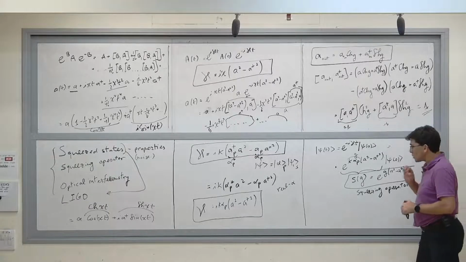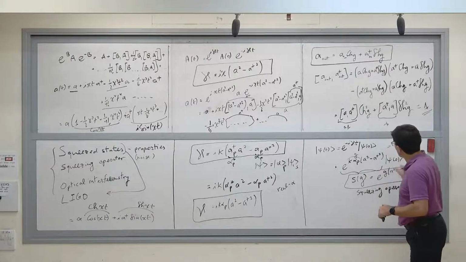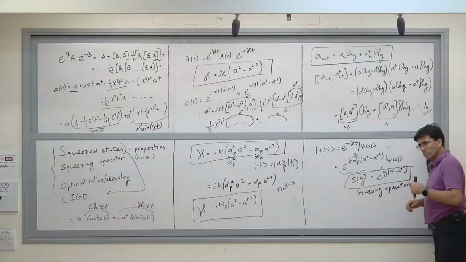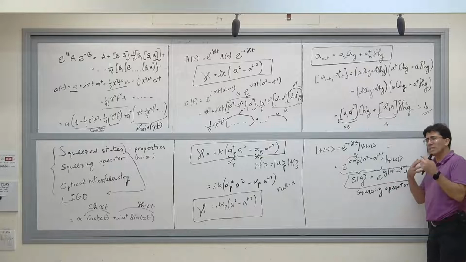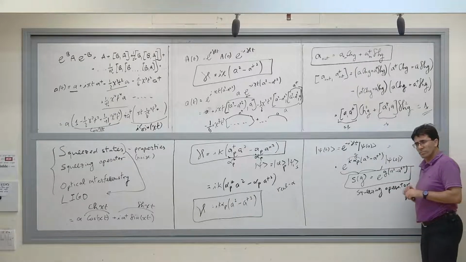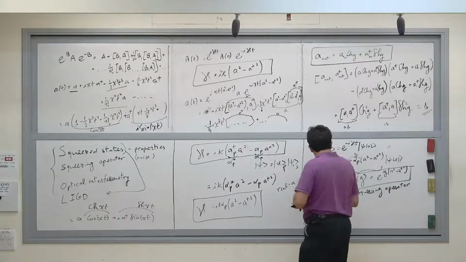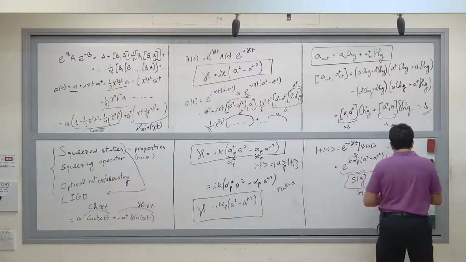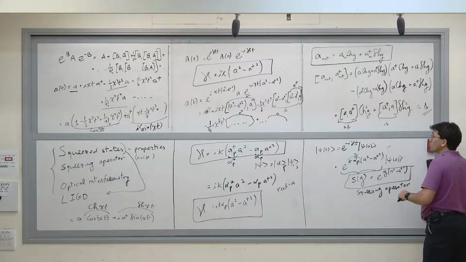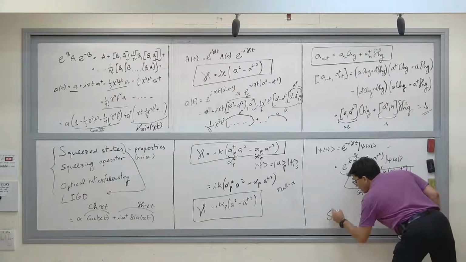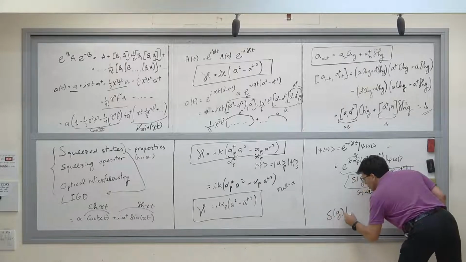Now, let's do ourselves a favor. It's hard to understand what it is, but let's think what this does to the vacuum, and then we'll see that it makes sense. Let's look at what happens when we apply S of G on the vacuum.